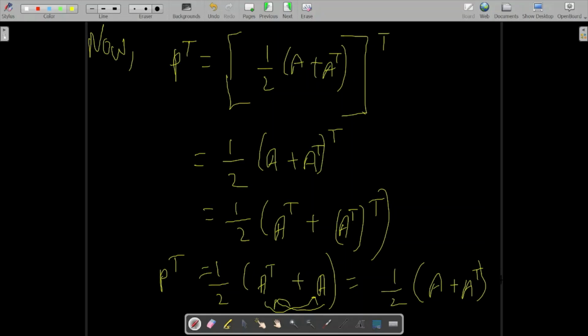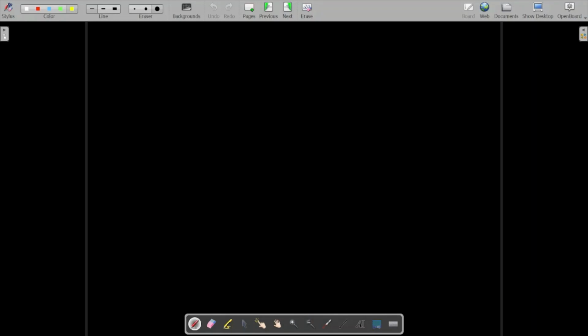So this is equal to P. So P transpose has come out equal to P. When the transpose of a matrix is equal to the original matrix, it is a symmetric matrix. So that implies P is a symmetric matrix.